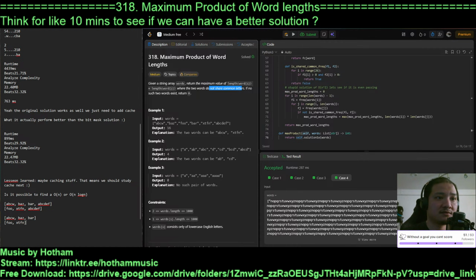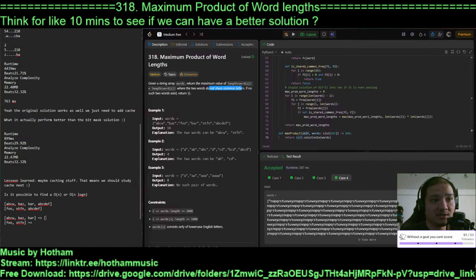right? So after this, we still gotta do the O(N)s. We still have to loop through to see which one is bigger, right? But maybe we can sort this.